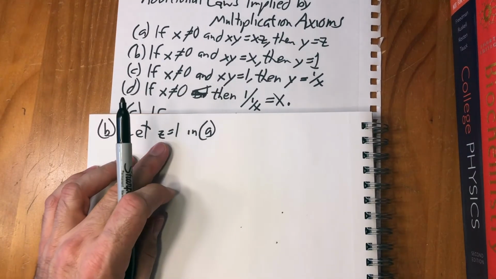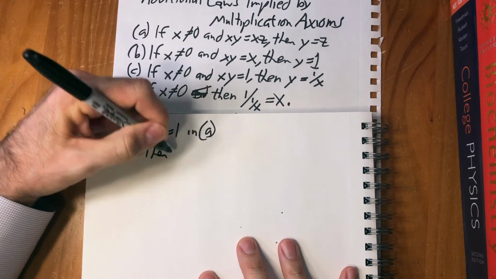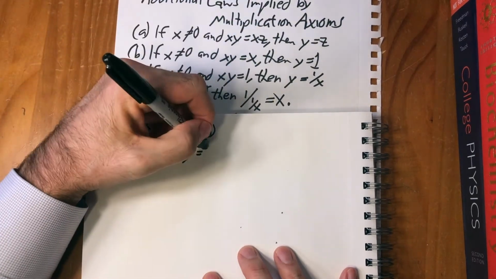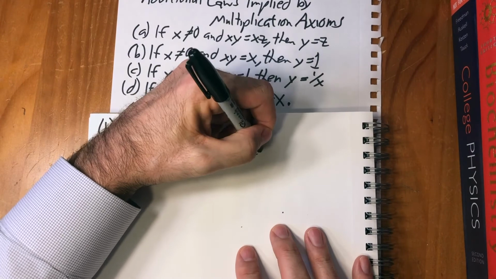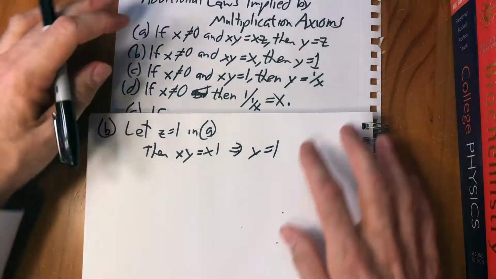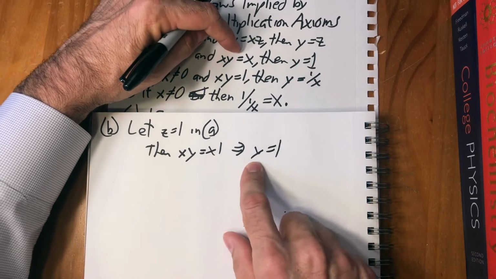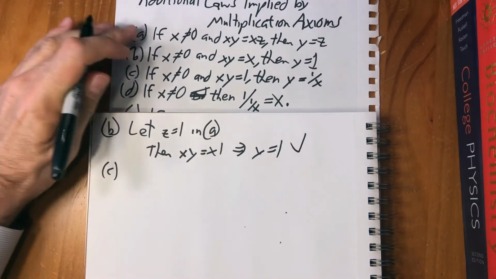So if we let z equal 1 in A, then we have that xy equals x1, which implies that y equals 1. And that was exactly what we wanted to show. If xy equals x, then y equals 1. So that was easy.